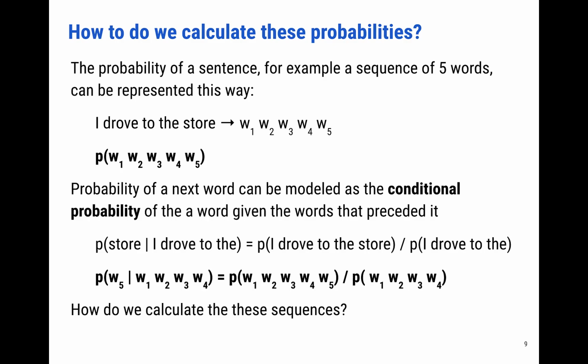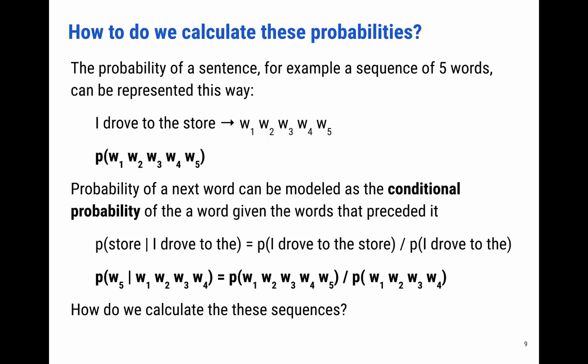Word 1 through 5. The probability is just the probability of that sequence. The probability of a next word, let's say, can be modeled as a conditional probability of a given word given the words that preceded it. So let's say we're trying to predict the utterance of the word store, given that I've already said I drove to the.